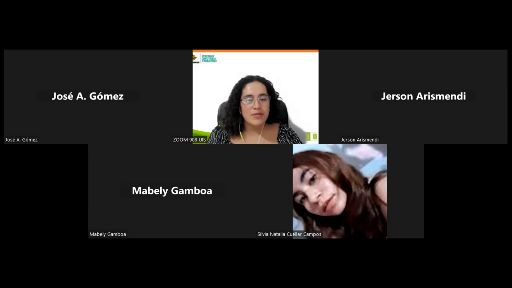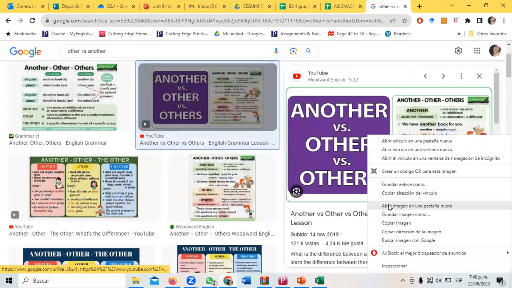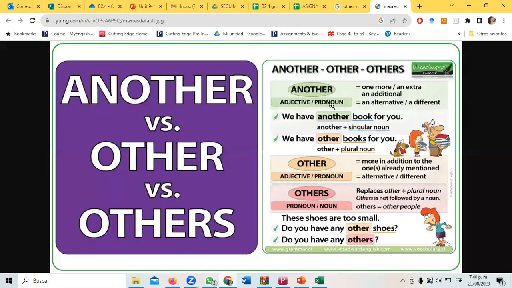Okay, no problem. Tell me. We are talking about predictions. When I'm saying other or another prediction, I need to say another prediction because it's singular, or other prediction because it's different? So another versus other. Let me show you here very quickly. Another is for singular things, okay? Another book, another person.